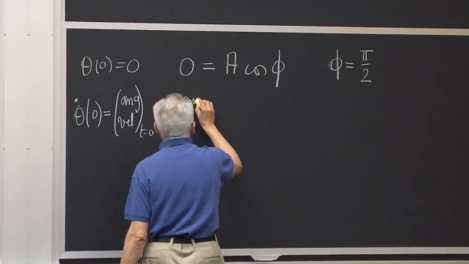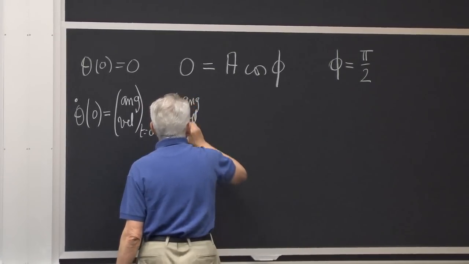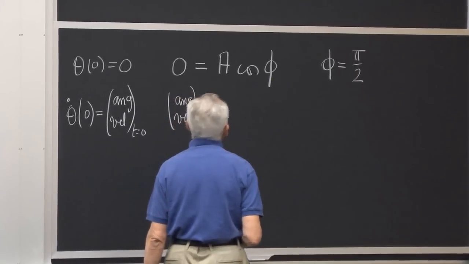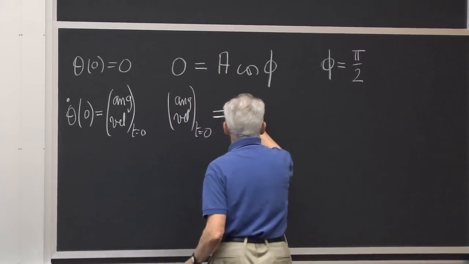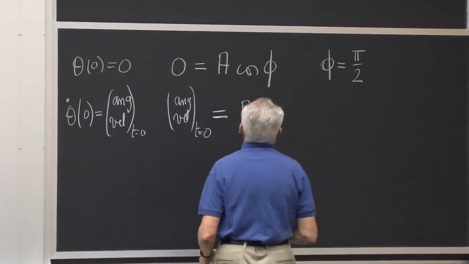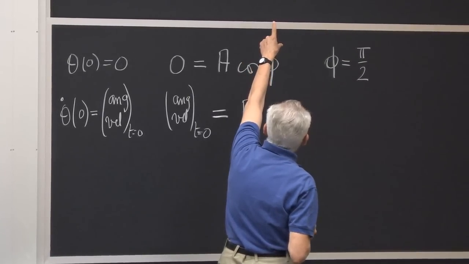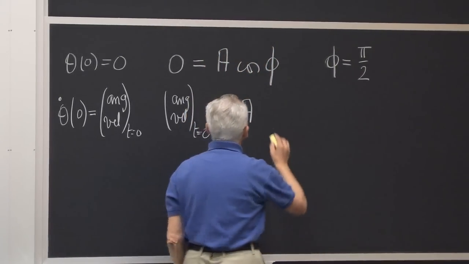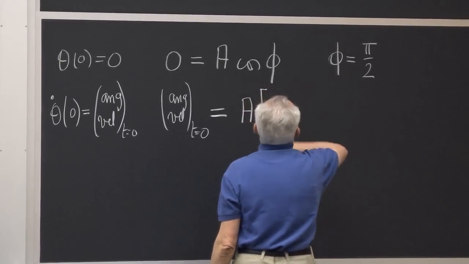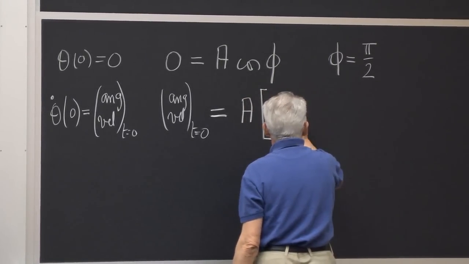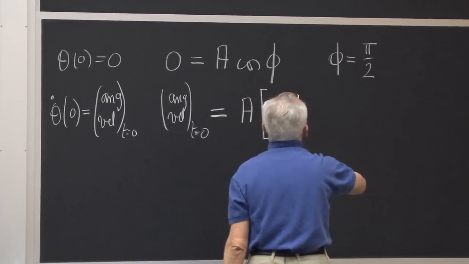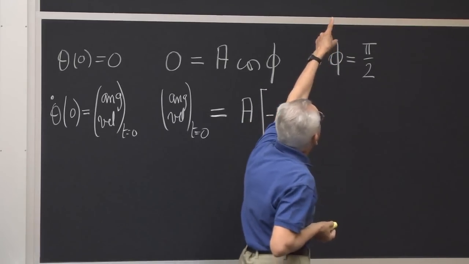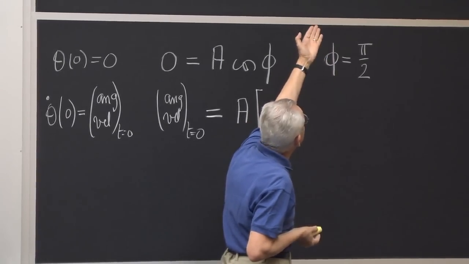I get that the angular velocity at t equals 0 will have to equal A, e to the minus gamma over 2 t, where t is 0, so that's 1, times minus omega prime times sine of omega prime t, but t is 0, so that's 0.